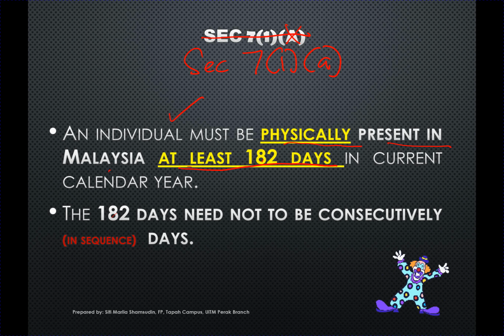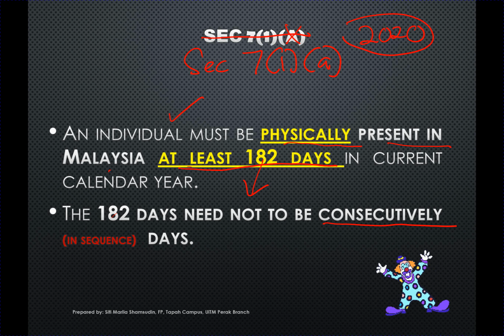The 182 days tu doesn't have to be in consecutive days. Okay, apa maksud dia? Dalam tahun yang kita nak tengok tu, for example year 2020, that person must be physically in Malaysia at least. At least tu maksudnya minimum, sekurang-kurangnya 182 hari.